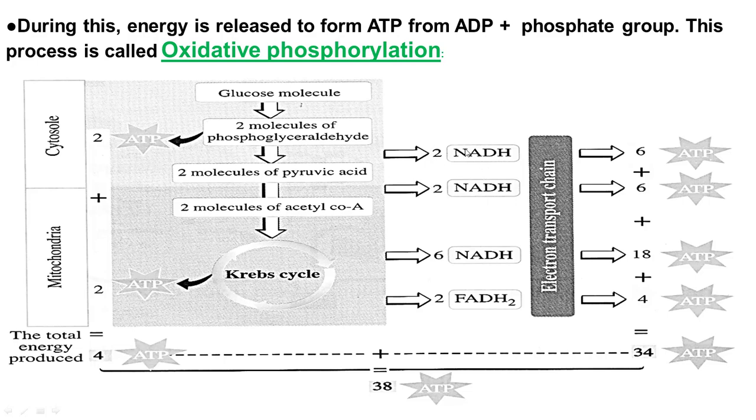NADH from glycolysis. 1 NADH consists of 3 ATP, 1 FADH consists of 2 ATP. 2 times 3 equals 6 from glycolysis.